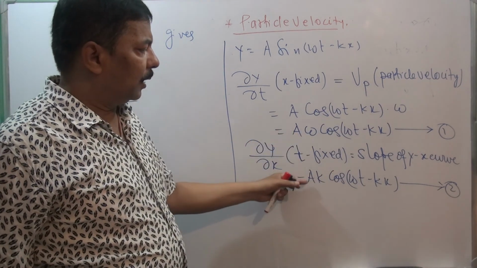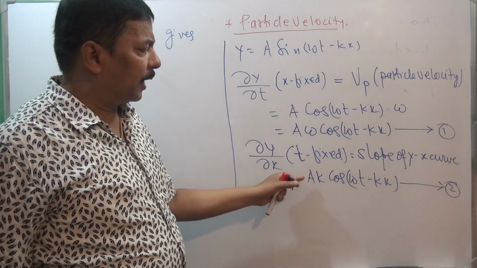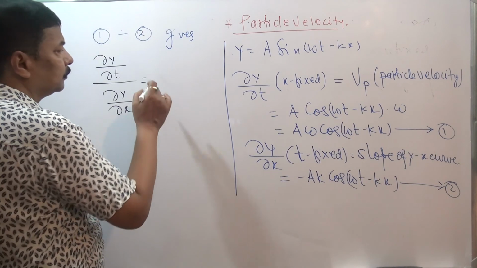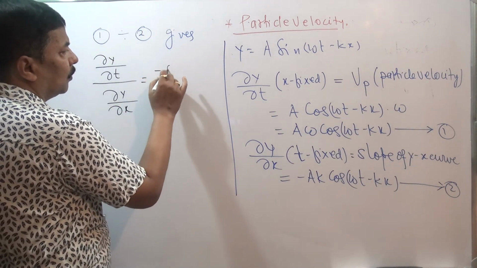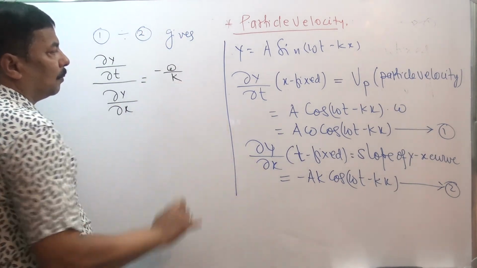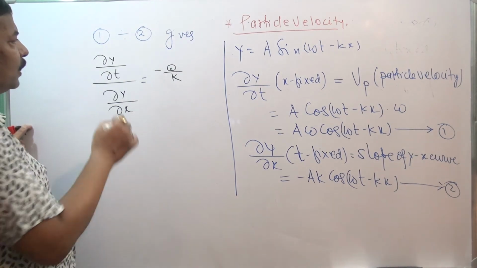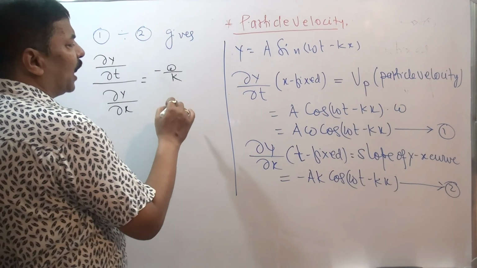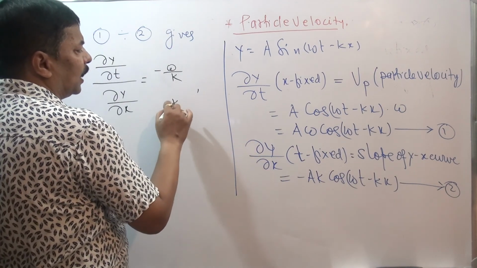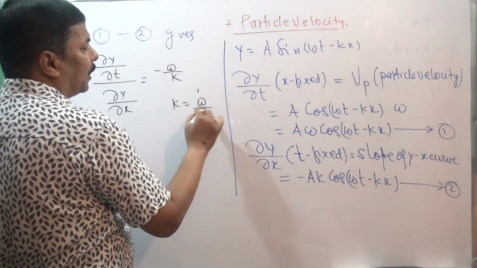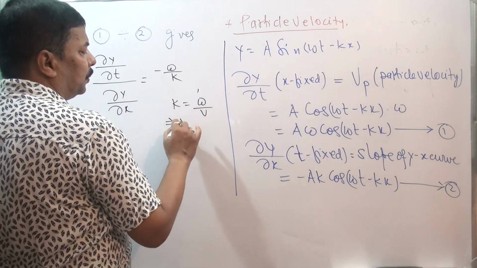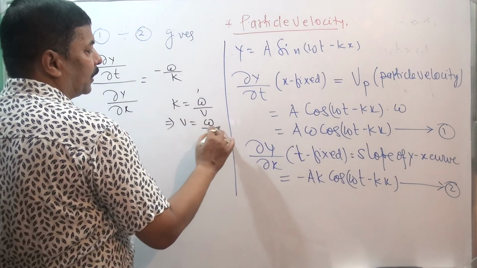A omega by minus ak, the cos will cancel. So we are getting minus omega by k. And what is this? I have discussed with you that k is equal to omega by v. So this tells v is equal to omega by k.